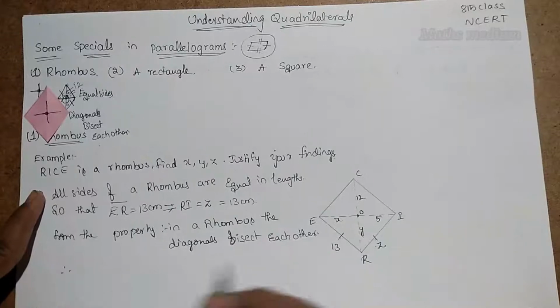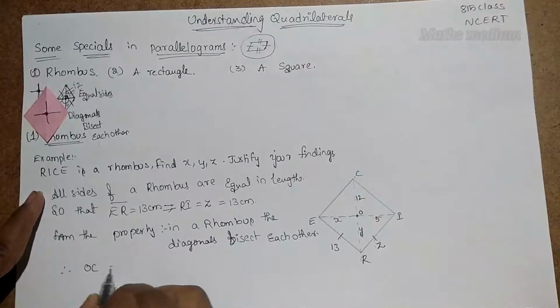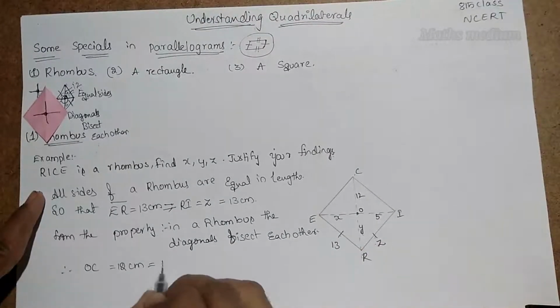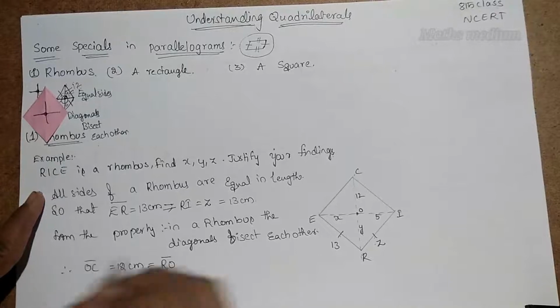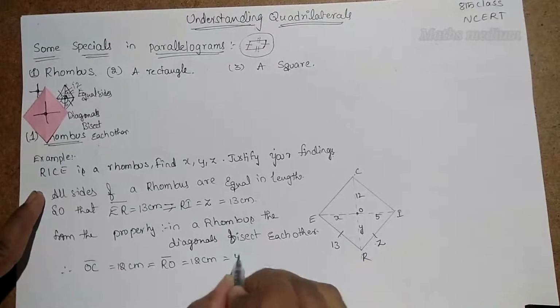That implies OC is equal to 12 centimeters. Here RO is also equal to 12 centimeters, that is nothing but y.